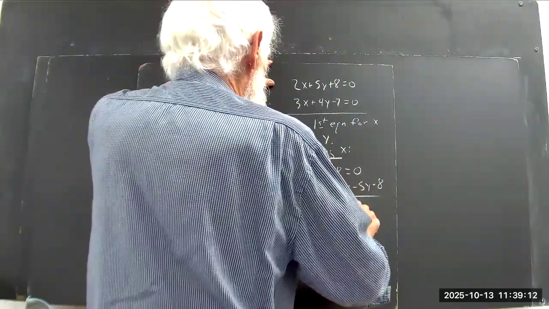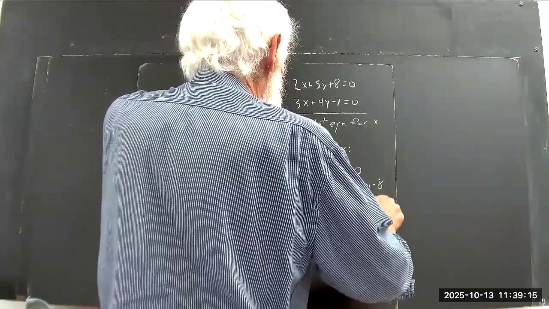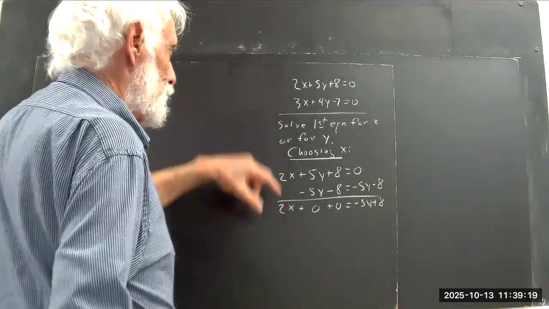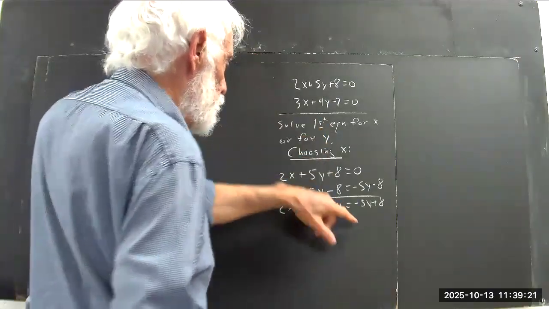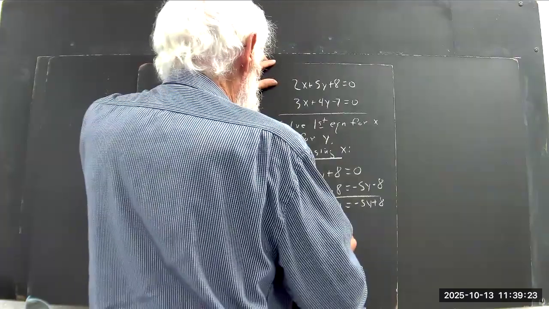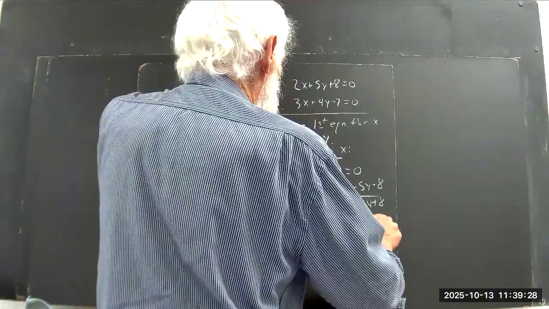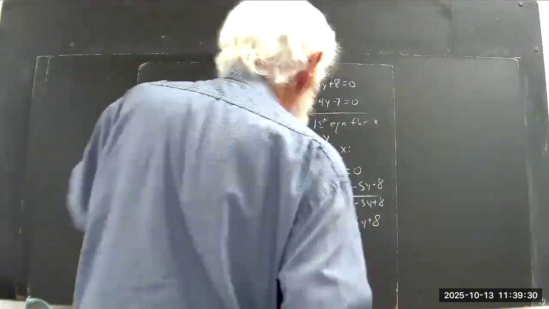When we do 8 minus 8, we get 0. Over here, we get negative 5y plus 8. Here we get 2x. So it's 2x plus 0 equals negative 5y plus 8, or 2x equals negative 5y plus 8.